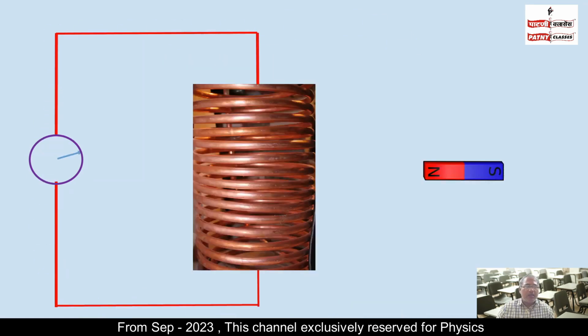In a circuit, current flow is possible only if there is a potential difference. That means due to the to and fro motion of the magnet, a potential difference is created. The induced EMF creates a potential difference in the circuit, and because of this potential difference, a current is produced in the circuit, that is nothing but induced current.